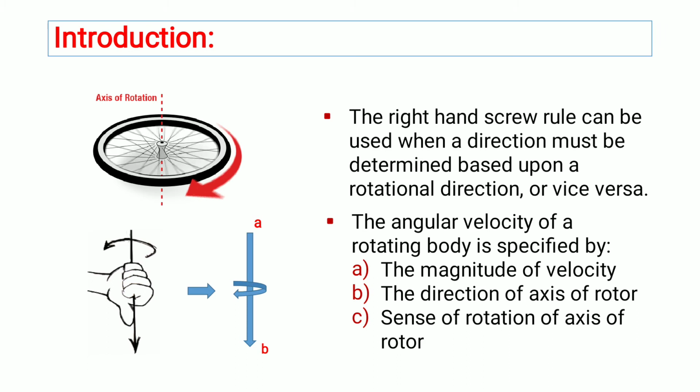The AB vector represents the direction of angular velocity of this wheel, and this clockwise arrow shows the sense of the rotation. This is nothing but a representation of angular velocity, and this principle we will use later on.